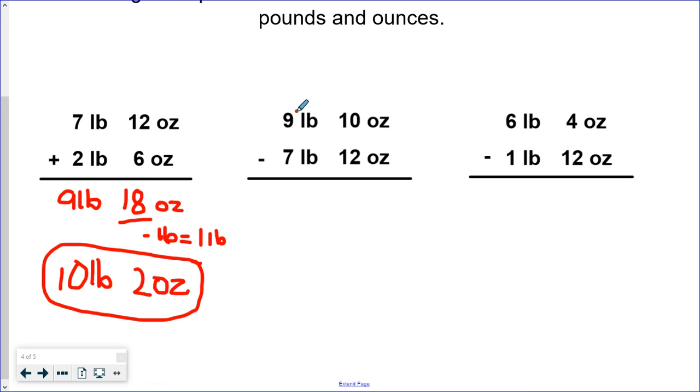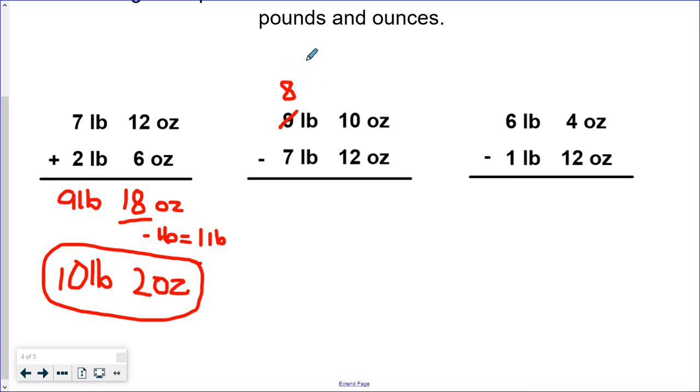So what I'm going to do is borrow from the 9 and change that to 8. So now I have 8 pounds. But now what I'm going to do is add 1 pound onto the 10 ounces. And the mistake that some people are going to make is they're going to turn this into a 20, because through your math life, you've always crossed out 1 here, added 10 here. But there are not 10 ounces in a pound.